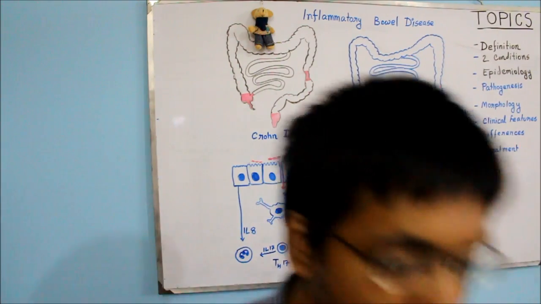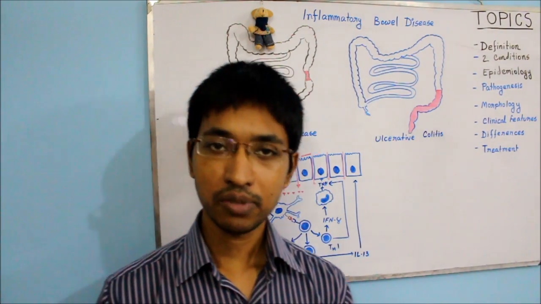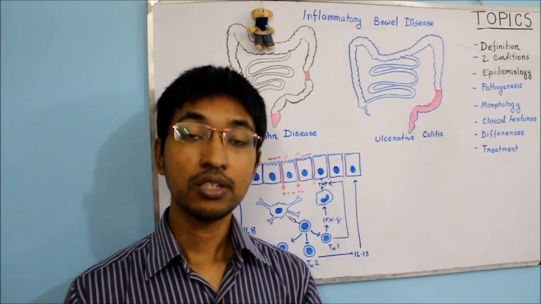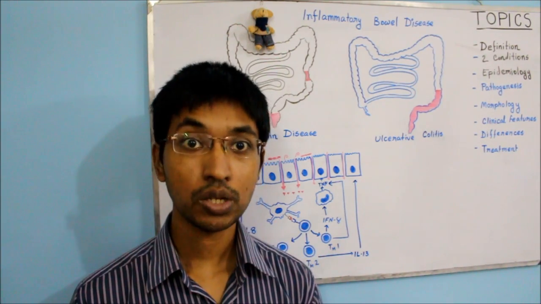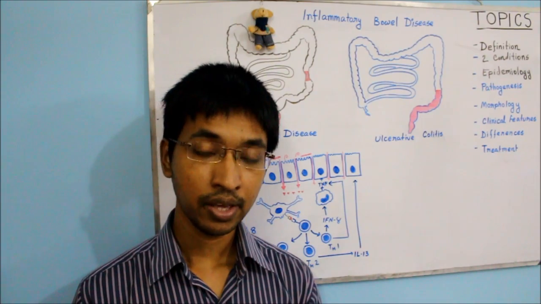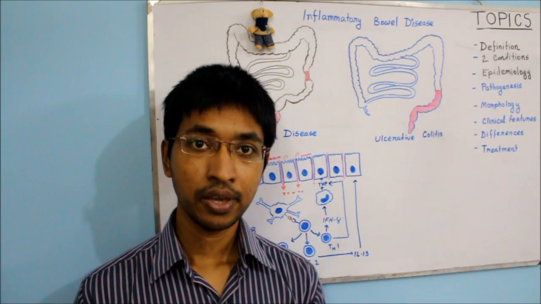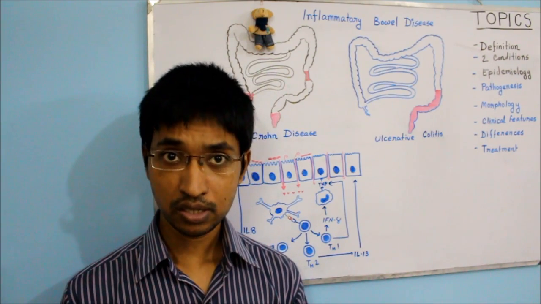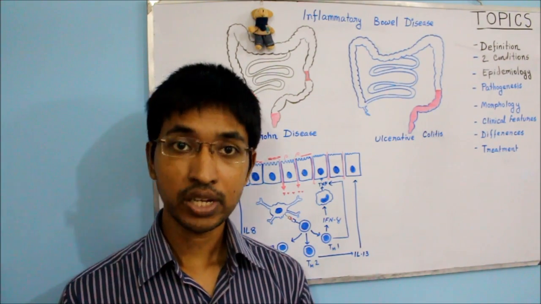Okay, so what did we see in the first line of the definition? Inflammatory bowel disease is a chronic condition. Now, what do we mean by chronic condition? That means it is a persistent disease, it is a long-standing disease, so it is chronic in nature.